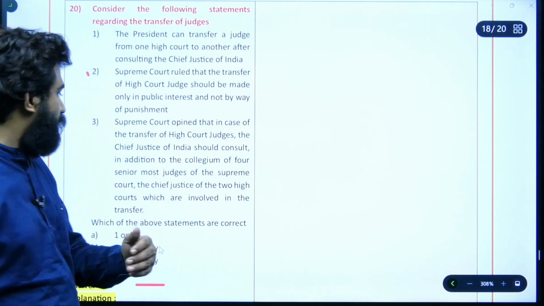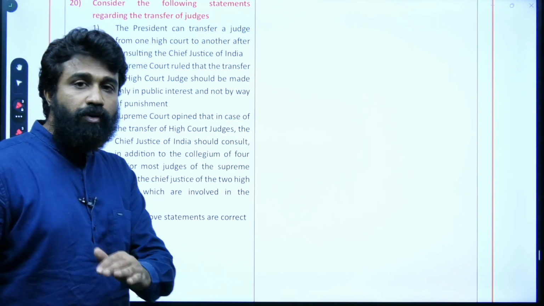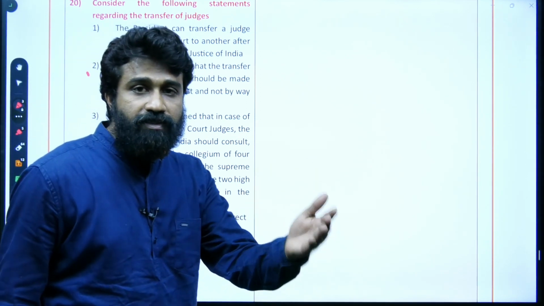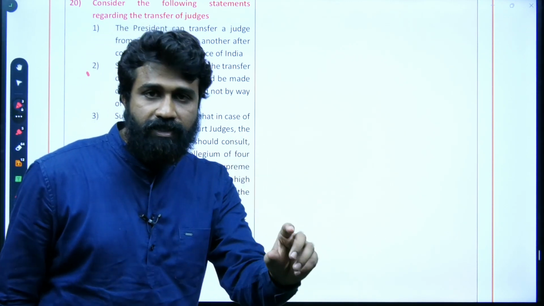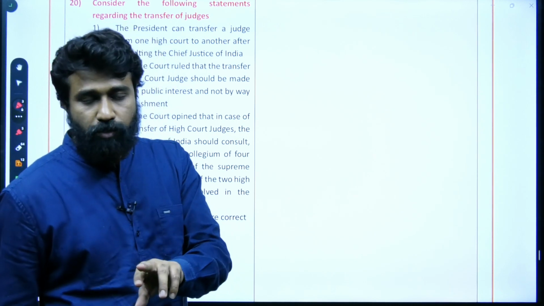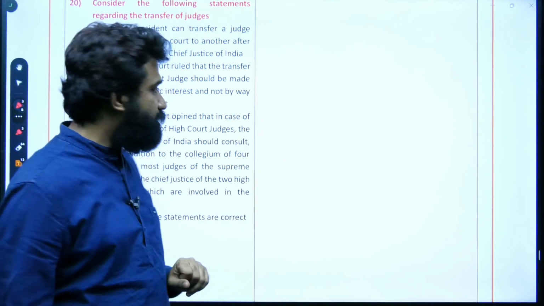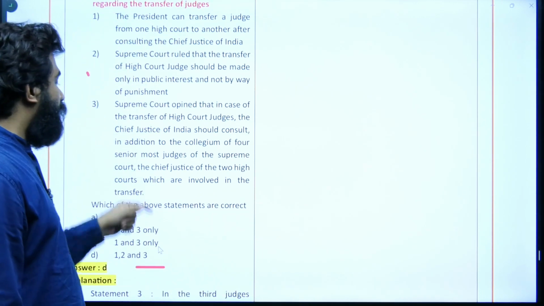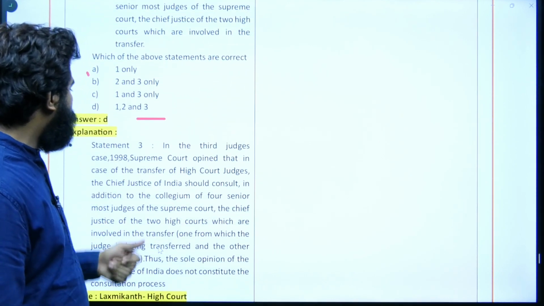So, not only the place from where he is transferred, but also the place where he is received, both high court chief justices are consulted by the collegium of the Supreme Court. This is a basic provision in the Third Judges Case, as mentioned by the Supreme Court.